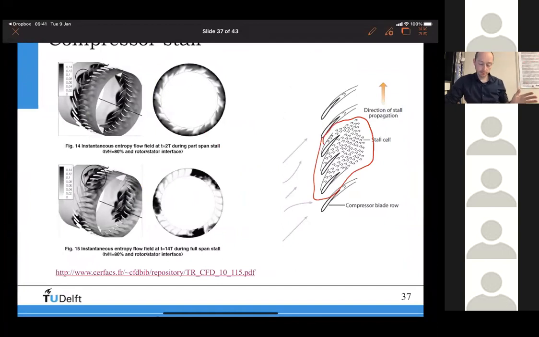Then there is stall inception, which you can detect if you put a pressure probe here, and that's also what they do in aero engines. They try to control the mass flow and the rotational speed in such a way that you don't get stall. Because in the first gas turbines propelling an aircraft, you could actually see compressor surge.